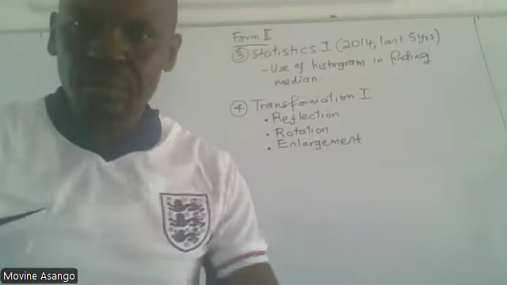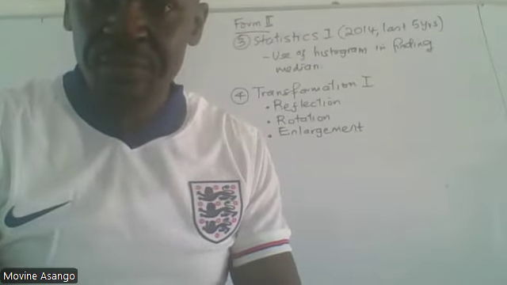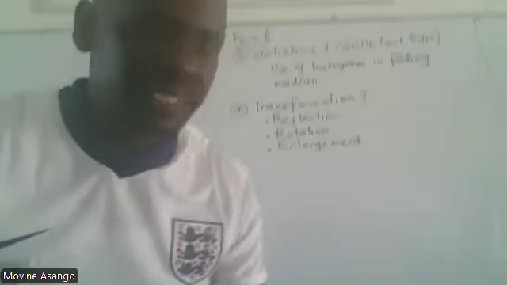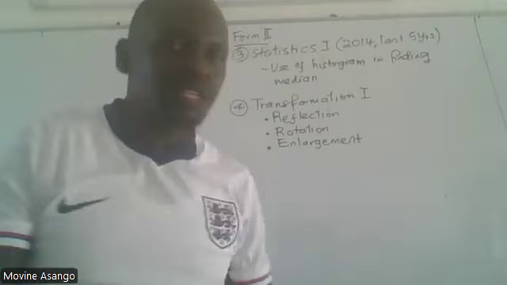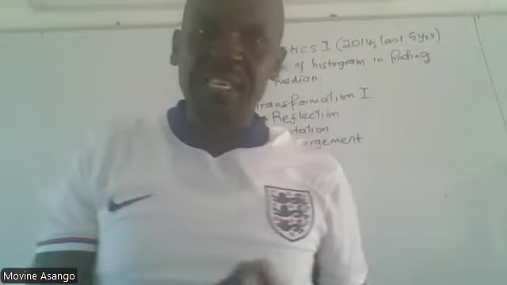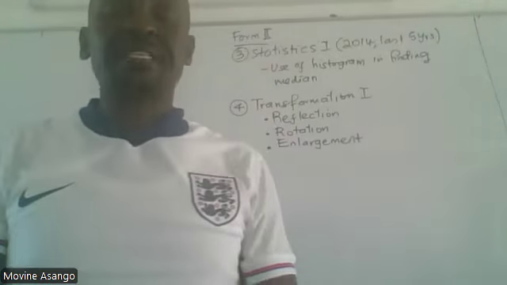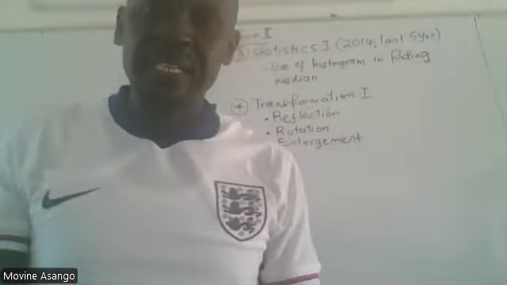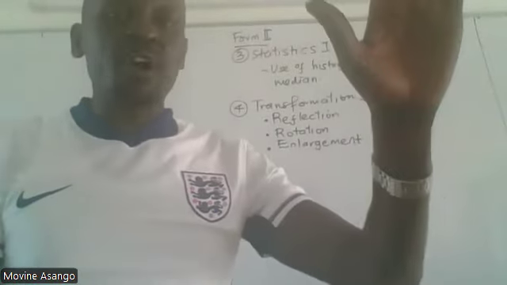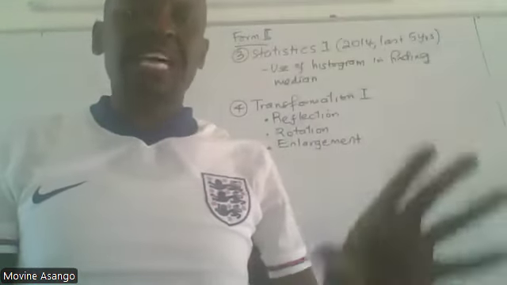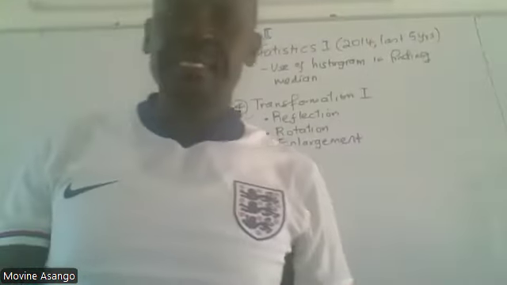Enlargement. As a candidate, can you enlarge an object with a negative scale factor and a positive scale factor? In positive scale factor, it means that both the object and the image are formed on the same side as the center.